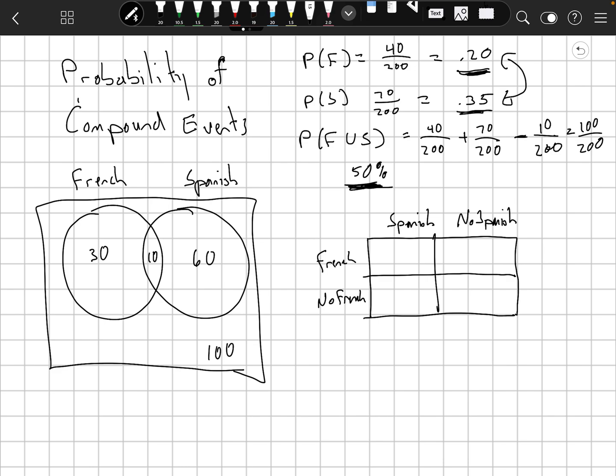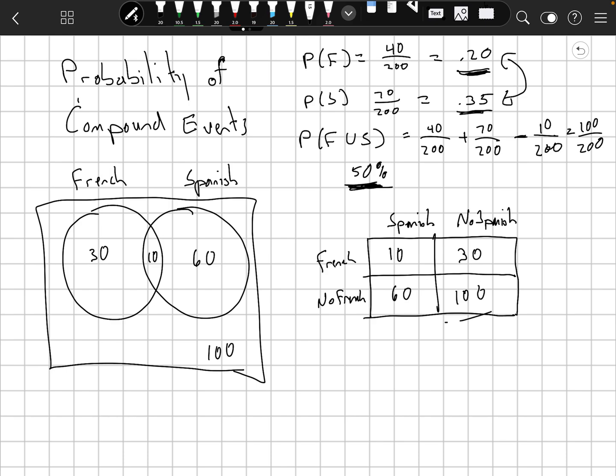Let's see if we can look at this in a two-way table as well, so you can see what's going on. Probability of French and Spanish, let's just put there 10 people, and then no French and Spanish, that's going to be 60, and no Spanish but French, that's going to be 30, and then neither, that's going to be 100 there.